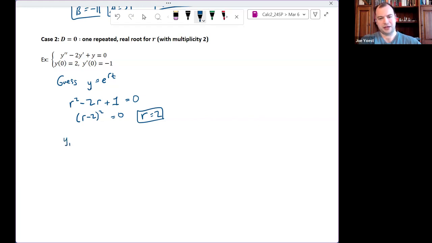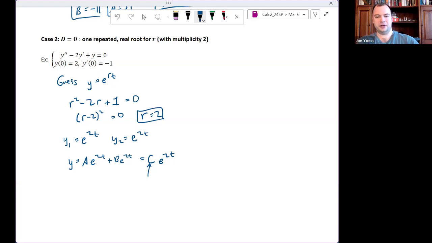In a sense, I kind of have like y1 equals e to the 2t and y2 equals e to the 2t, if I tried to really force the issue. Really what I just end up with is, since I have like terms, they just collapse down to one term, and I really only end up with truly one arbitrary constant.